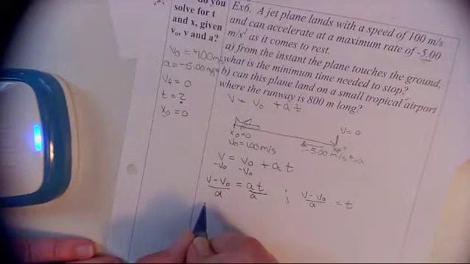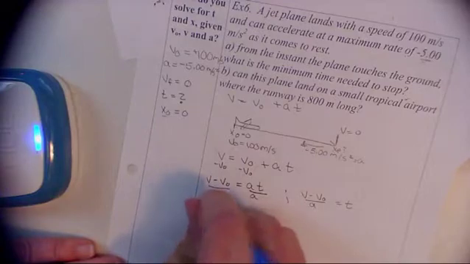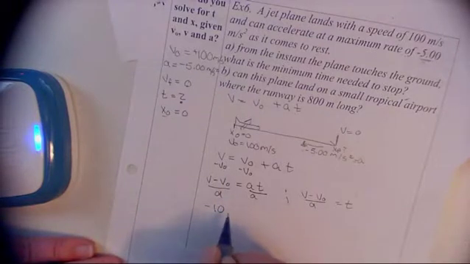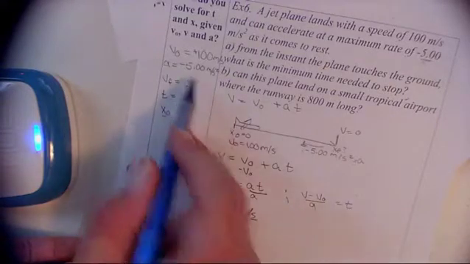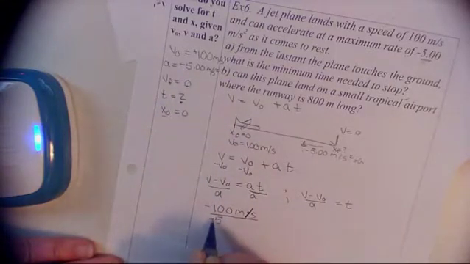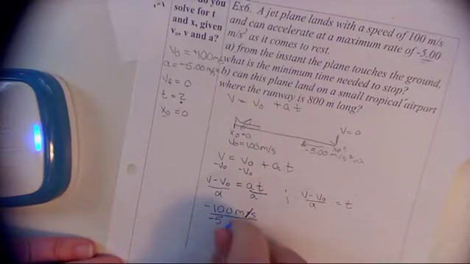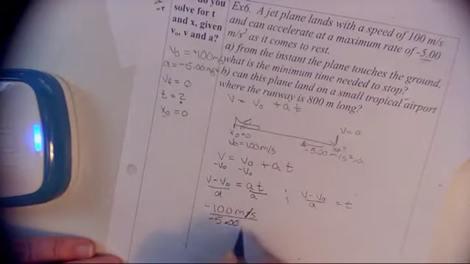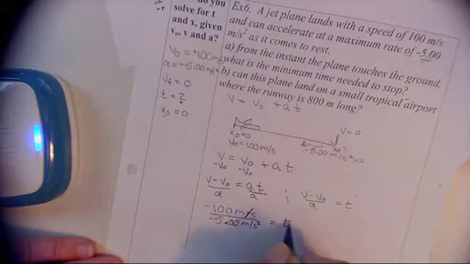Now I can plug my numbers in. So my V final is 0 minus V initial, which is 100 meters per second, so that becomes a negative, divided by acceleration, -5.00 meters per second squared, equals our time.